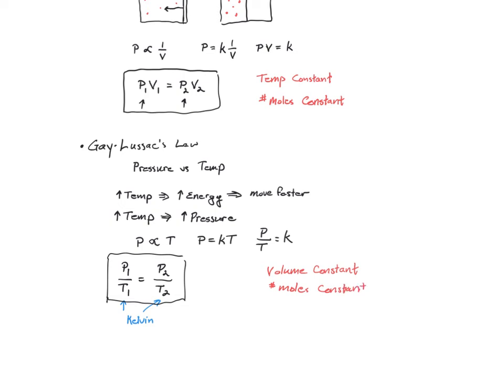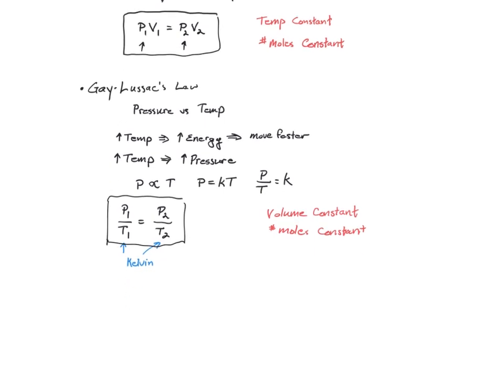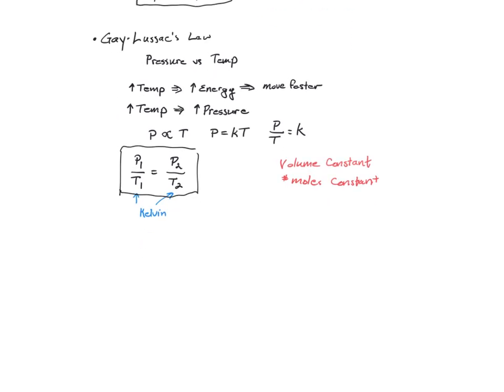Now, the last two laws that we're going to look at are not going to have pressure specifically listed or shown in the equation, but they are going to rely on pressure being held constant.